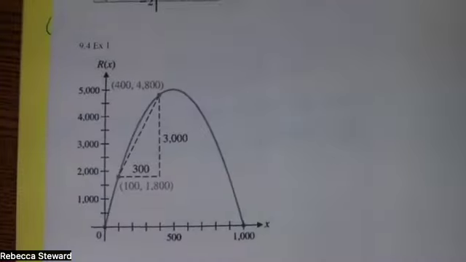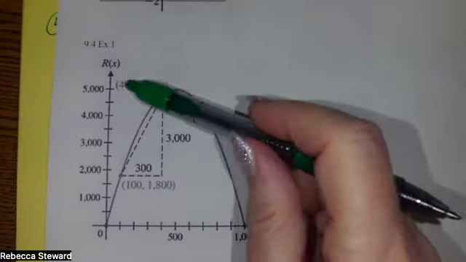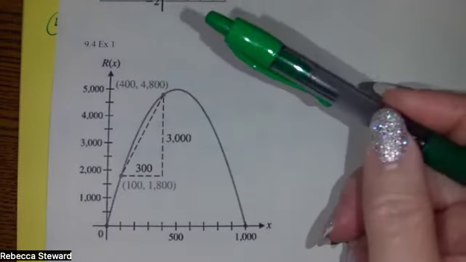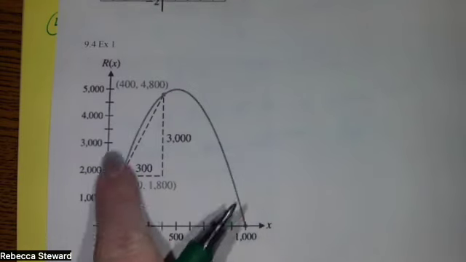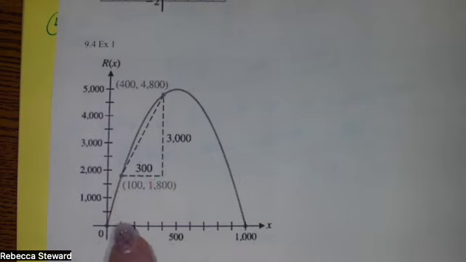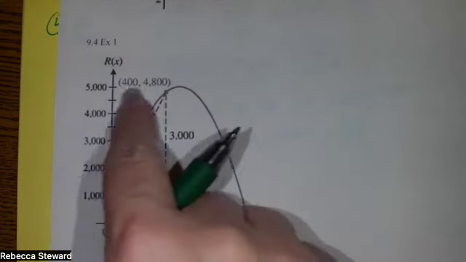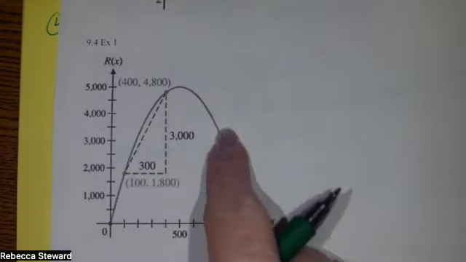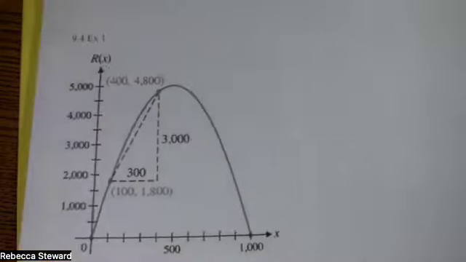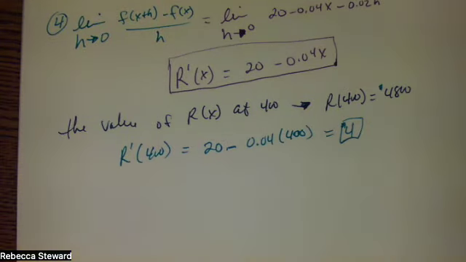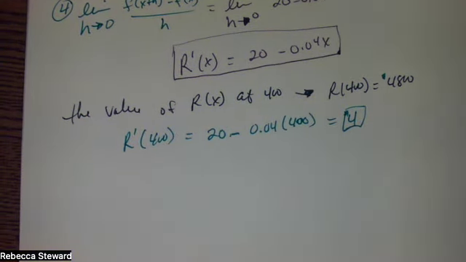It shows some of those points: at 400 planters, we have 4,800, and at 100 planters, we had 1,800. That gives us some points to plot, and this is your average rate of change. Those were also the numbers we saw in our problem.